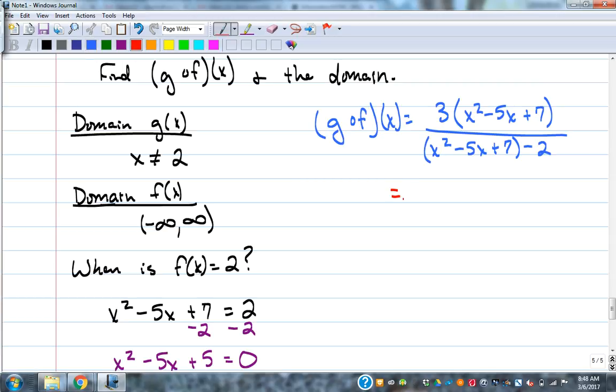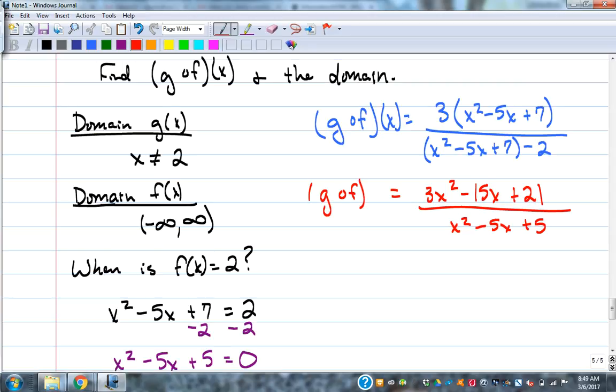Simplify as much as possible. So that's 3x squared minus 15x plus 21 over x squared minus 5x plus 5. That should be familiar. We've seen that denominator already when we were talking about the domains. And there's our composition function.